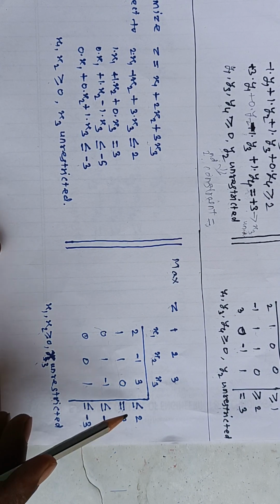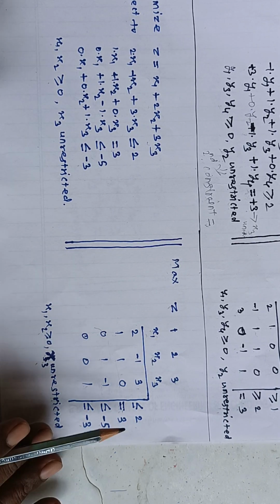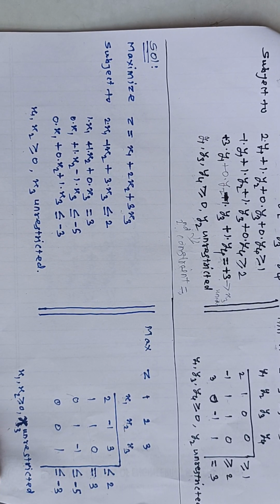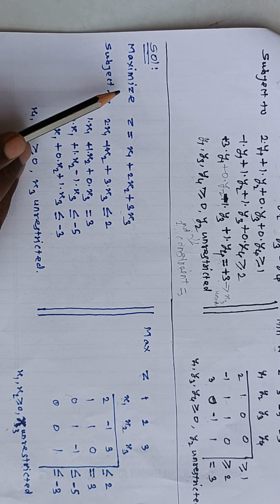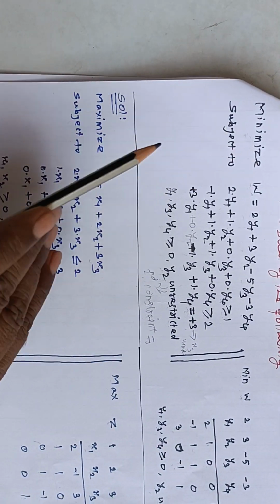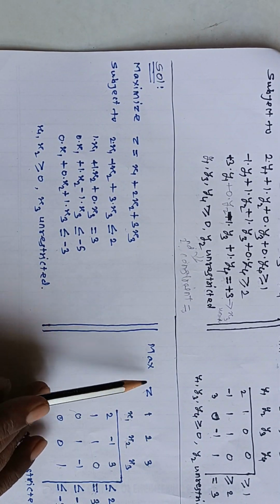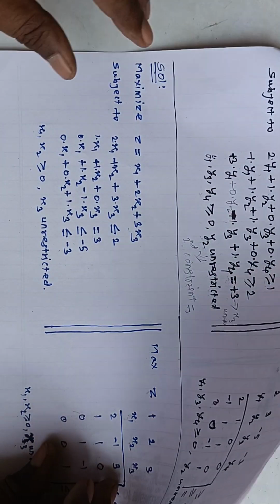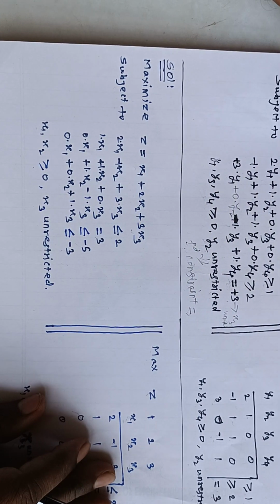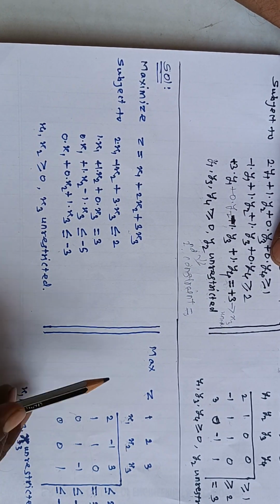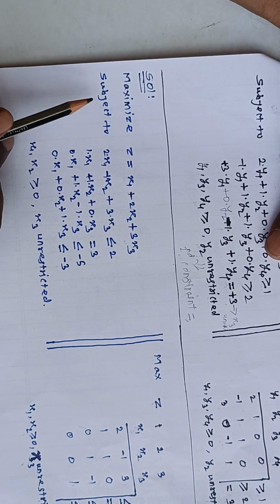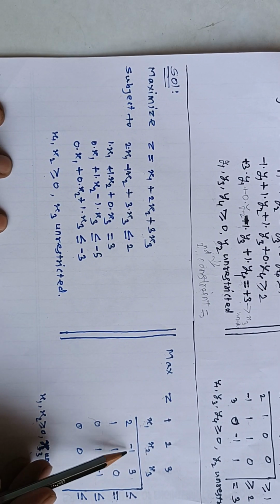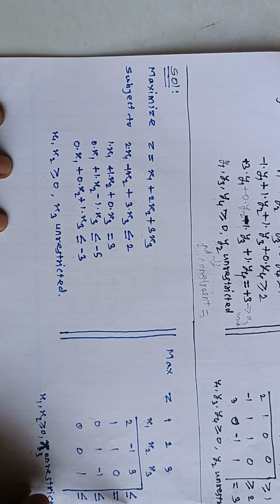This is the tabular form of the dual. Now write it in standard form. The given sum is of minimize type. So from this table, maximize z is equal to 1x1 plus 2x2 plus 3x3. This is the objective function. Then subject to constraints: the first constraint will be 2x1 minus x2 plus 3x3 less than or equal to 2.